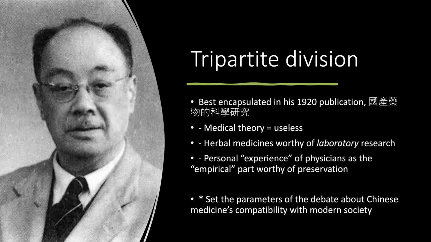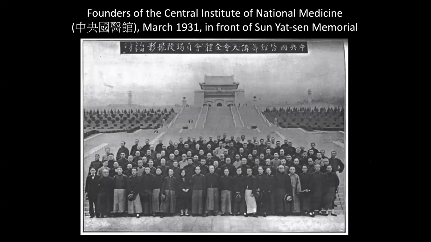But this tripartite division really set the parameters for a debate about Chinese medicine's veracity and ability to be modern. Chinese medicine practitioners pushed back against this 1929 attempt to outlaw. They organized parades and petitions. They sent representatives to the government, and they got that bill off the table.